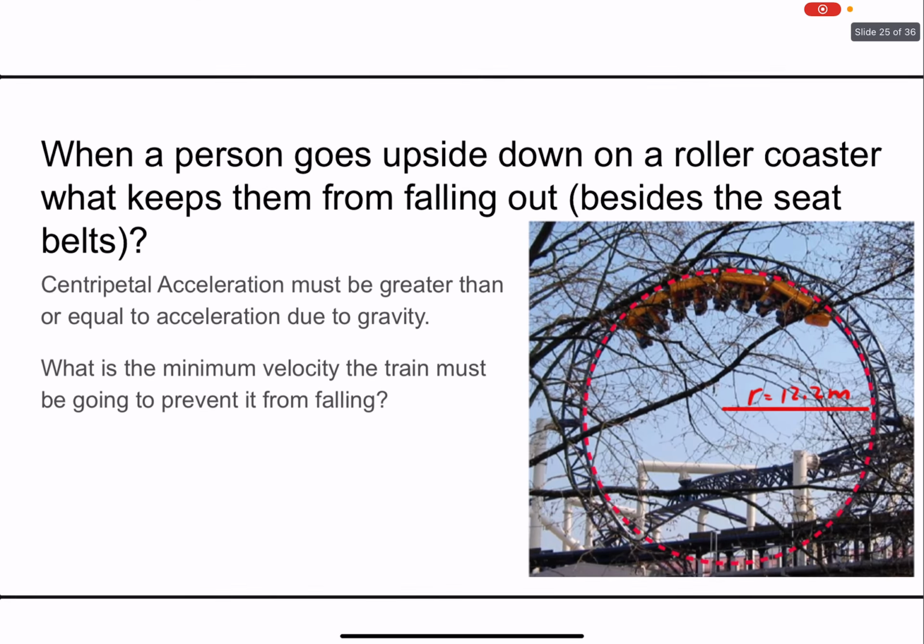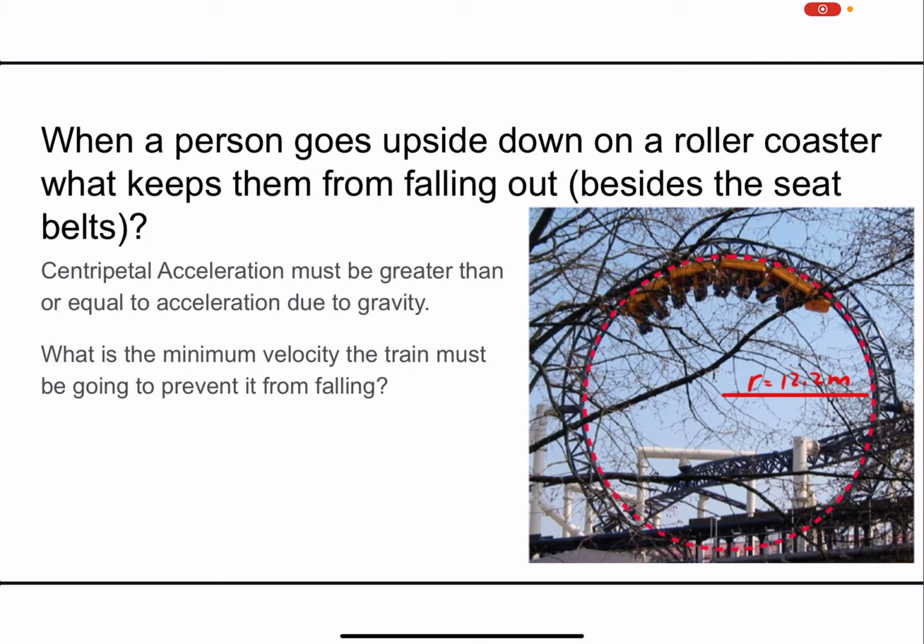So when a person goes upside down on a roller coaster, what keeps them from falling out, besides the seat belts? What keeps the train from falling down on that track? It's centripetal acceleration. In order for it to stay on the track, centripetal acceleration must be greater than or equal to acceleration due to gravity.